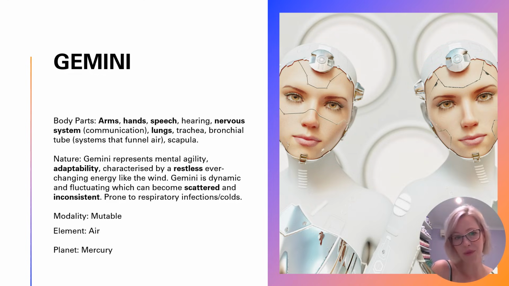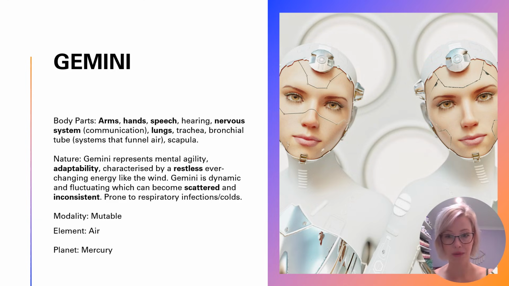Modality, these are mutable, which explains that fluctuating energy. The element, so they're an air sign ruled by the planet Mercury. So ruling planets are not the same. They don't have the exact same energy as the zodiac sign that they rule over. However, in medical astrology, they are very similar.